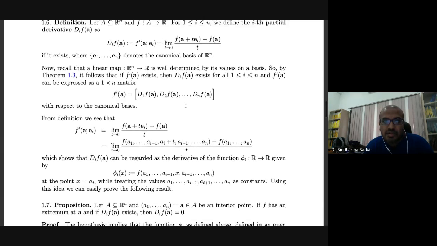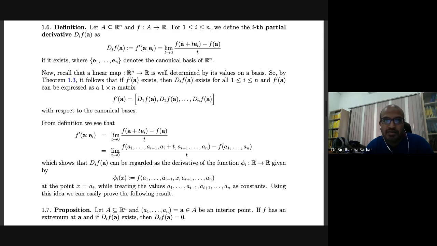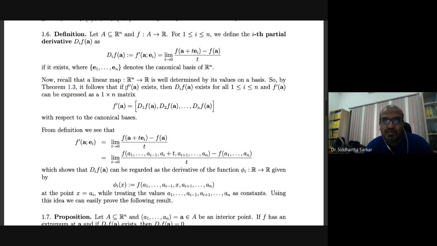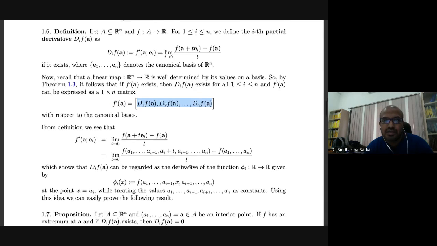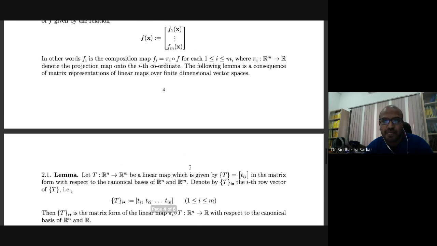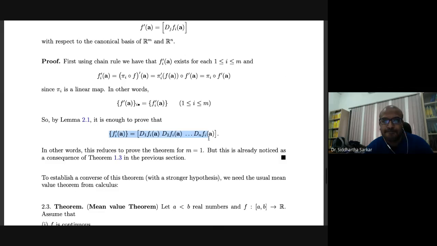Yeah, so you remember we spoke of this: if my f prime A exists for some function from Rn to R, then difa exists and the derivative of that function from Rn to R turns out to be this particular row vector. So this is what I wanted over here.